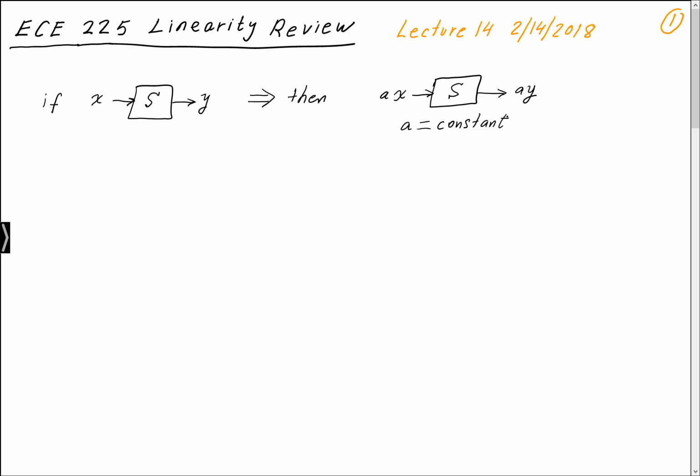a constant. So if you have a system with X in and Y out, then if you scale the input and you get a scaled output, then this system has what's called the multiplicative property.